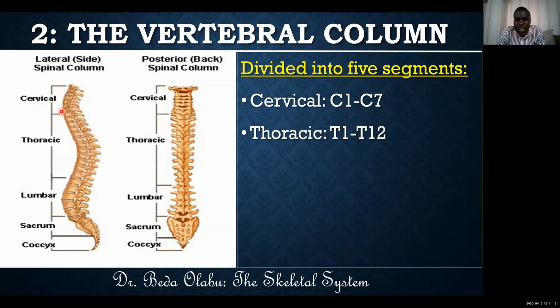Then we have the thoracic segment. The thoracic segment has 12 vertebrae. We name them as T1 up to T12. As the name suggests, this refers to the region in the thorax. Then we have the lumbar region. Lumbar segment has 5 vertebrae, named as L1, L2, up to L5.